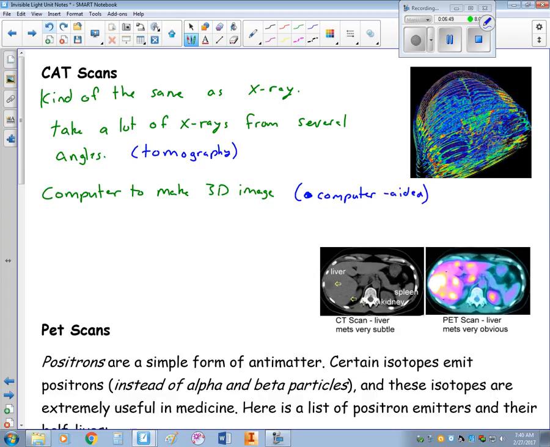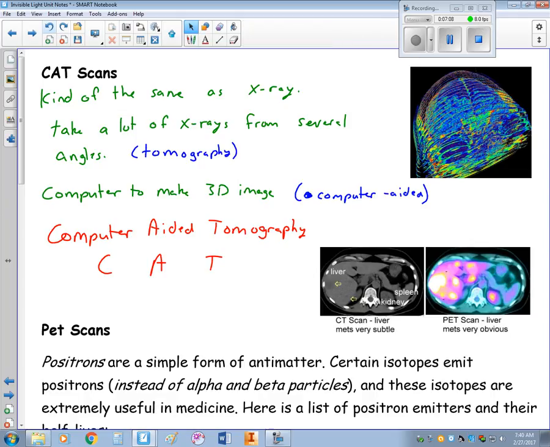So what CAT stands for is computer aided tomography. So that's what the CAT stands for in CAT scans.